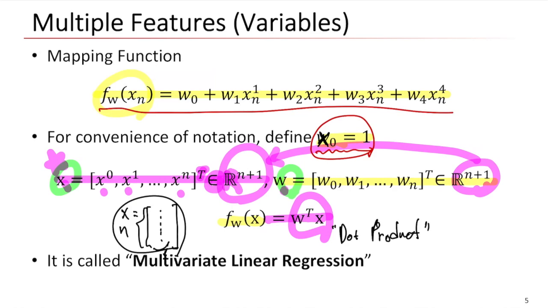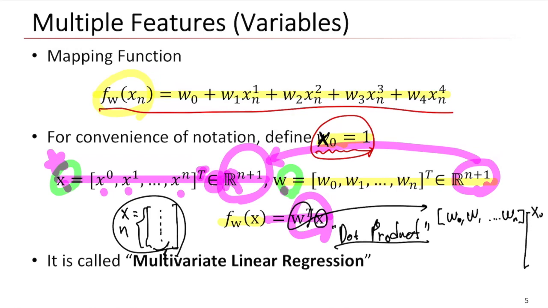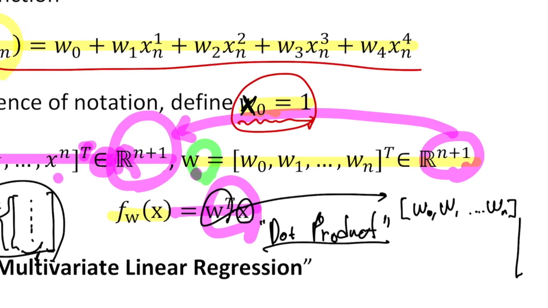I guess all of you know what the dot product is, but if you are not familiar with the dot product, please go back to our first lecture. To recap, the dot product looks like this. The transpose of W should be W0, W1 through Wn, and the original vector X should be X0, X1 through Xn, like this.